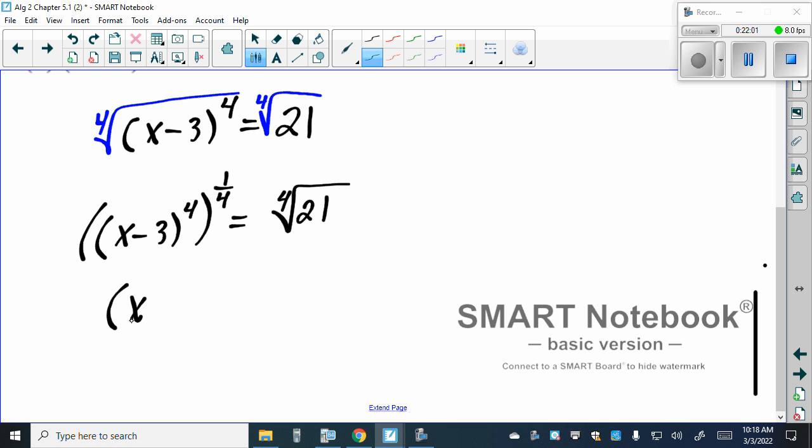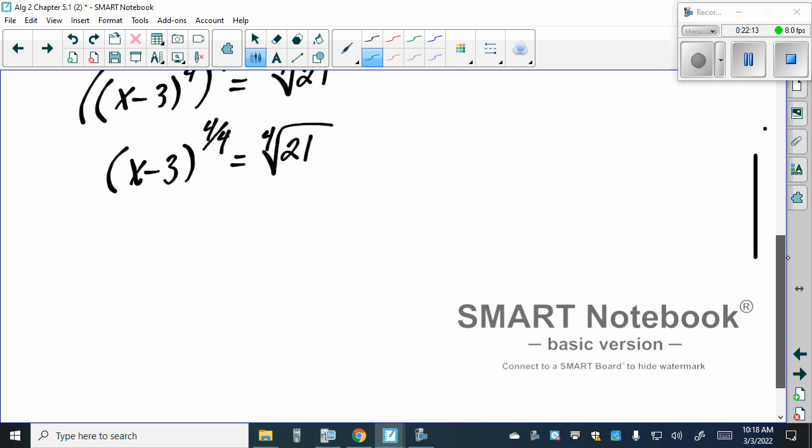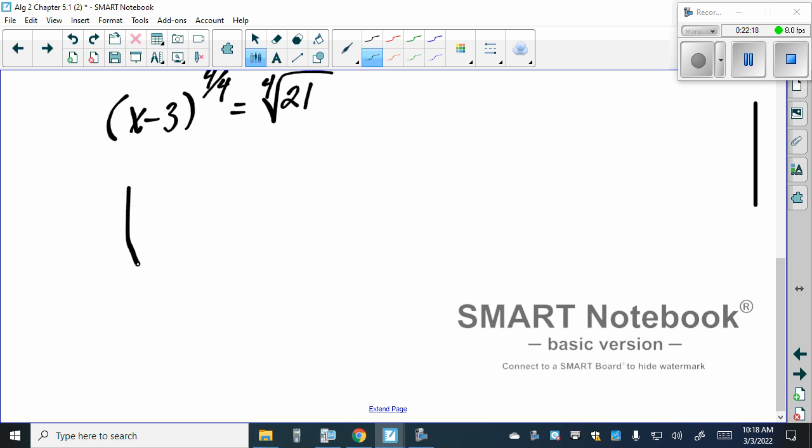Really what I have is x minus 3 to the 4/4. Well, 4 divided by 4 is 1. So really what that leaves us with is x minus 3. Really, we could put parentheses on it, but the first power doesn't change anything. Is equal to the 4th root of 21, yes?